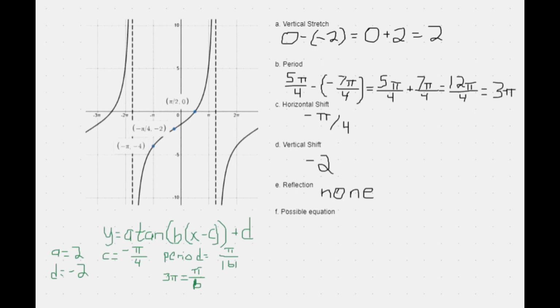So essentially we end up getting b is equal to pi over 3 pi. And then we can just cancel out the pi. And since everything has been canceled out in the numerator, we just put 1. So b is equal to 1 over 3.